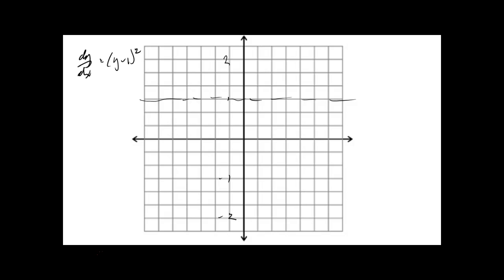Now, for an initial condition, y of 0 is equal to y0, and that being something less than 1, what's that? Well, their graphs aren't matching up with what they're saying here.